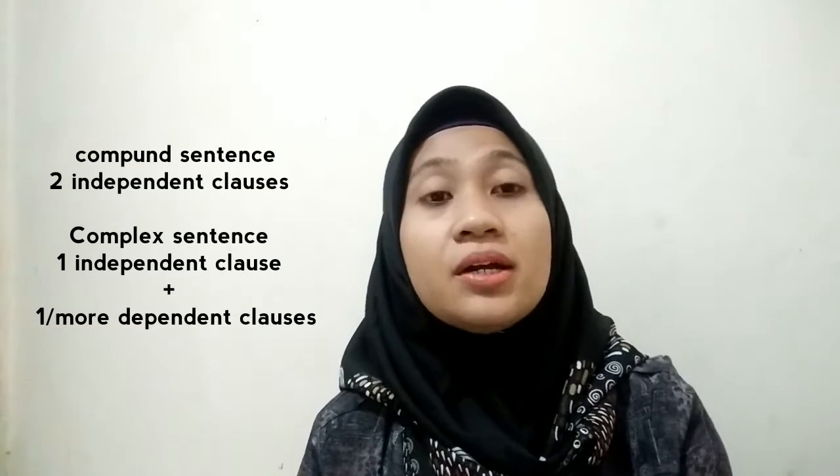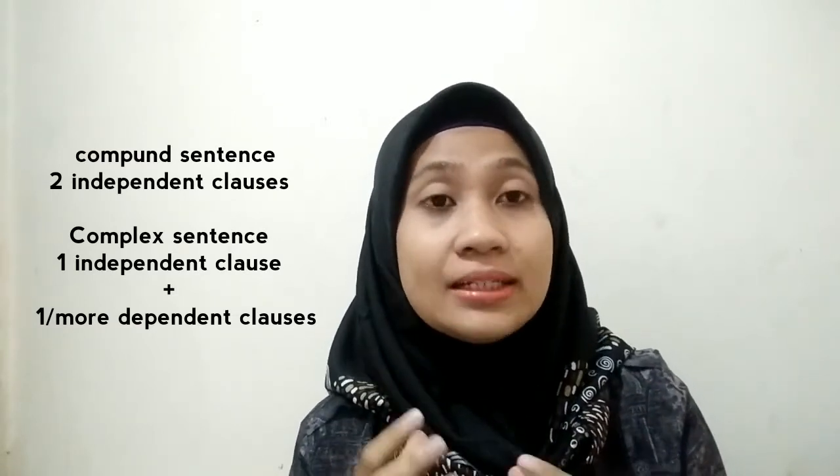Because of this distinction, right now I'm going to explain what independent clauses and dependent clauses are. An independent clause is a kind of clause that can stand by itself. Without adding any other clauses, it can stand alone and we can understand the meaning. However, a dependent clause will not make any meaning of its own when it is standing by itself.